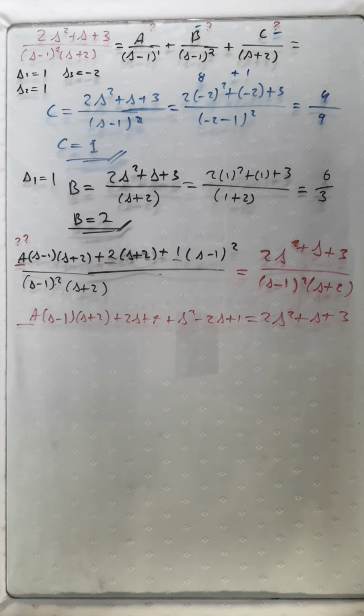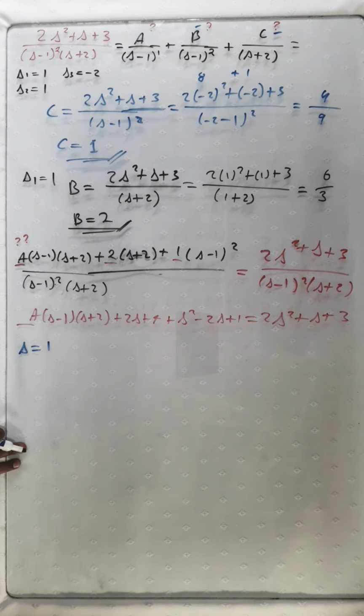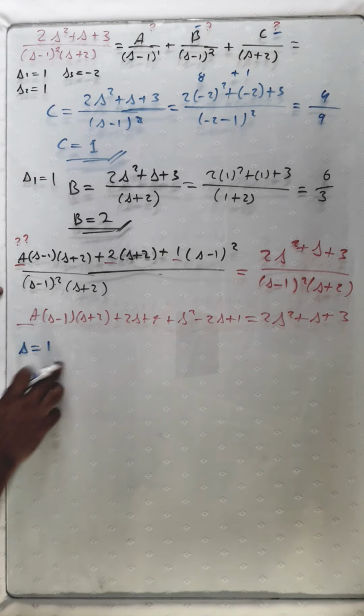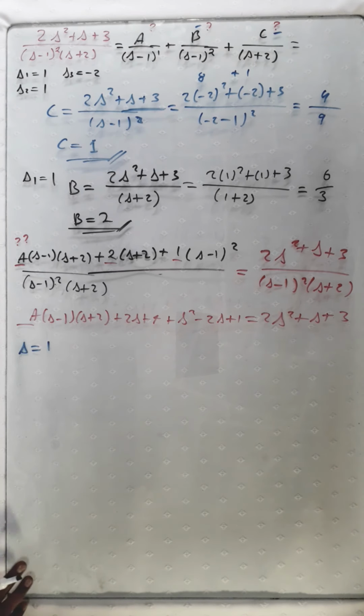At this point, what you can do, engineers, is just give any value of s, but you cannot repeat the values previously. You cannot choose s equal to 1, you cannot choose s equal to minus 2. But you can choose any number, replace that value of s, and calculate the value of A. My recommendation is to pick an easy value.